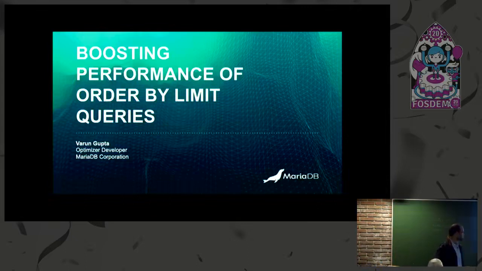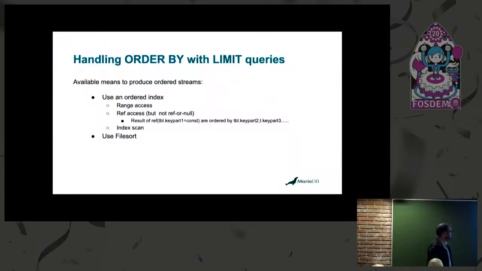So let's start. This part would be the history, and then I'll talk about what is new in MariaDB 10.5. To handle order by limit queries, what are the ways we can do it? One thing is that we use an ordered index. The ordered index can be used in 3 ways.